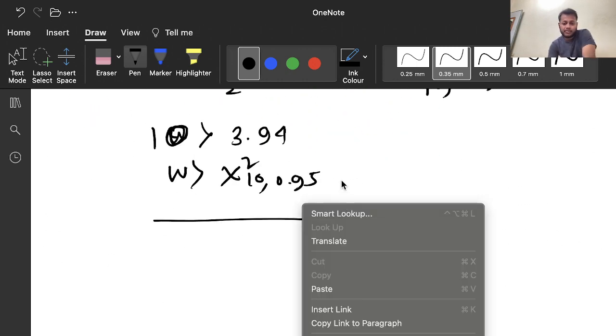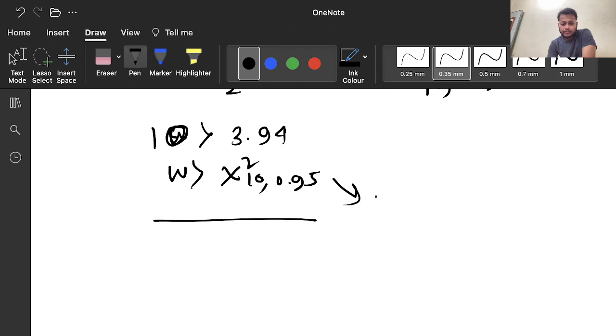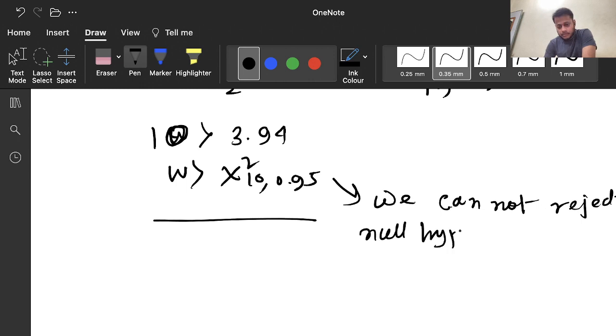Then we cannot reject the null hypothesis at the 5% level of significance.